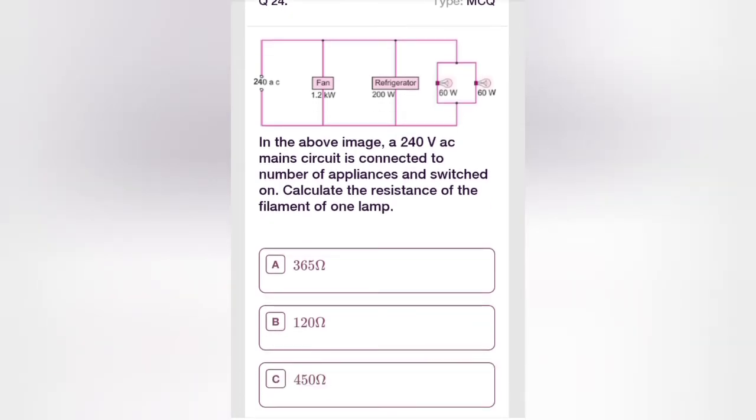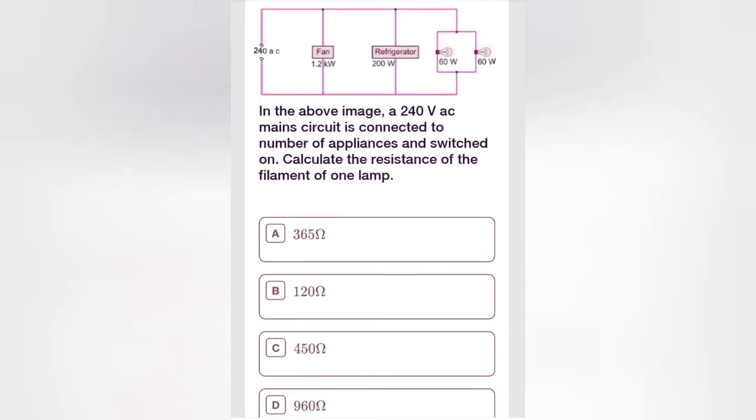The same question, we need to find out the resistance of the filament. How to find the resistance of the filament? These are the two filaments available. We need to find the resistance of the filament. Any one filament we can take.